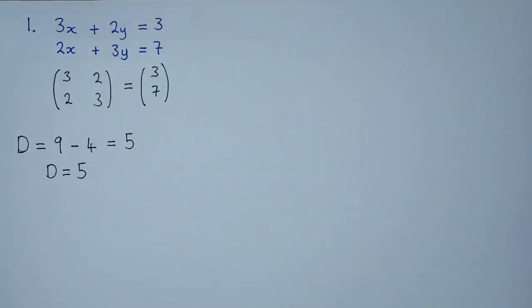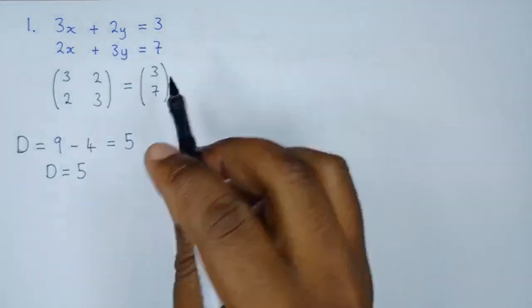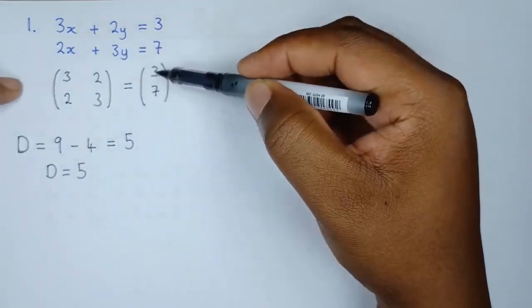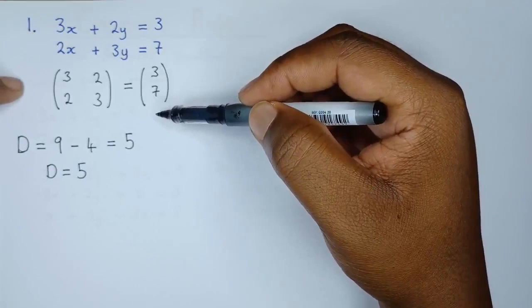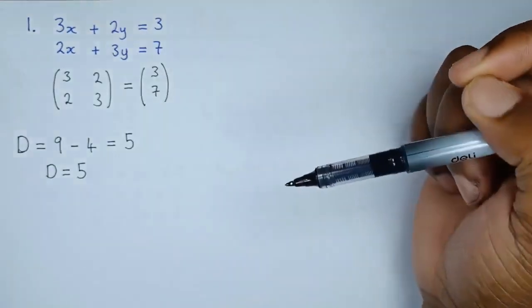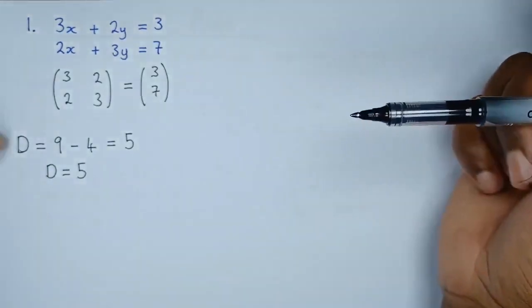Let's look at what else we need. The next thing we're going to do is create the next matrix, which will look like this. These values that you see here, the 2 by 1 matrix, which has a 3 and a 7. Since we want to find the value of x, the determinant for x will be dx.